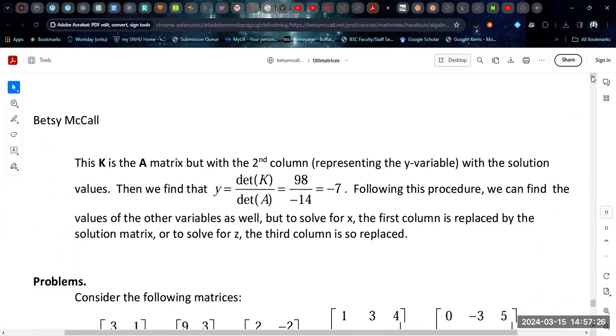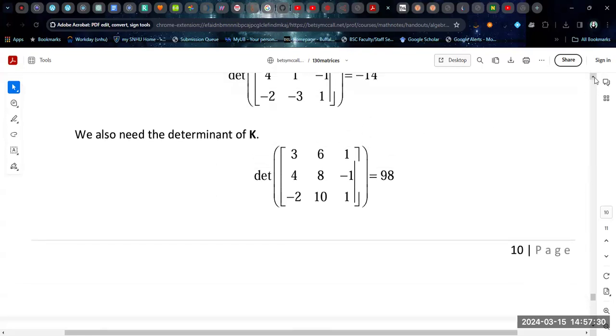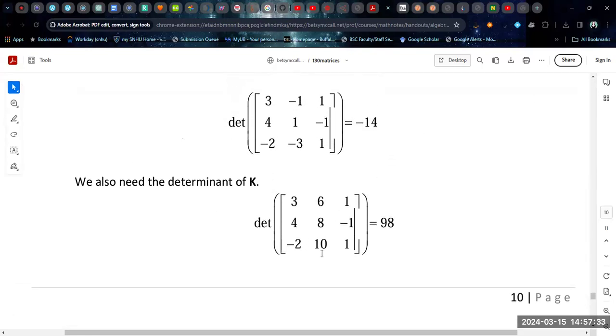So if we wanted to do this for x, instead of swapping out the second column of our original coefficient matrix, we would swap out the first column with 6, 8, 10. So we would have 6, 8, 10 in this first column, and then the rest of these would be the same. If you calculate the determinant of that, then you should end up with -28, because -28 divided by -14 is 2.